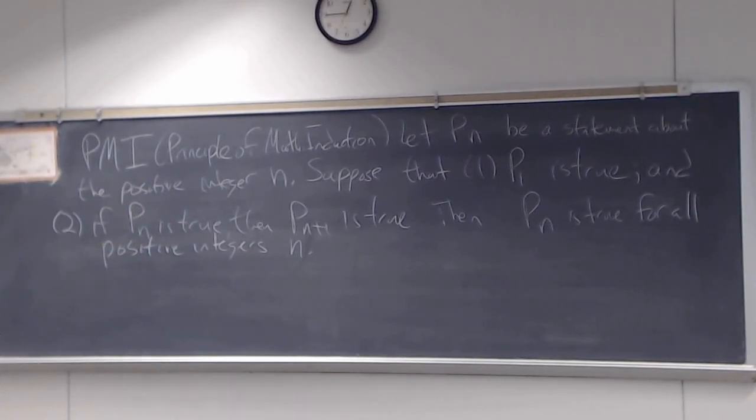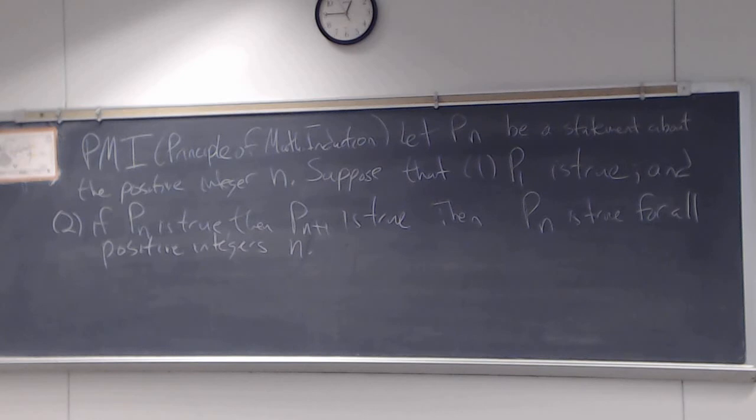So the setup, you have a statement that is true about the integer 1, and it also has a property that if you assume the statement is true about the integer n, you're able to prove it's true about the integer n plus 1. Then, in fact, P n must be true for all positive integers.